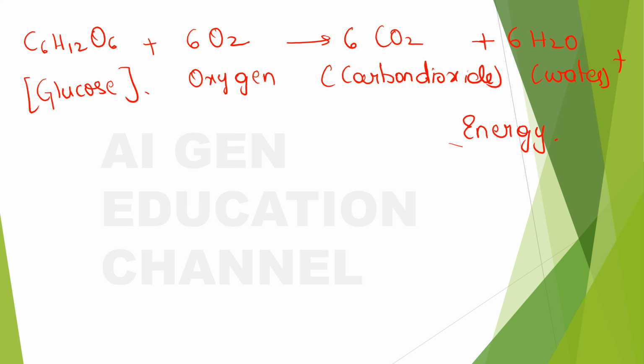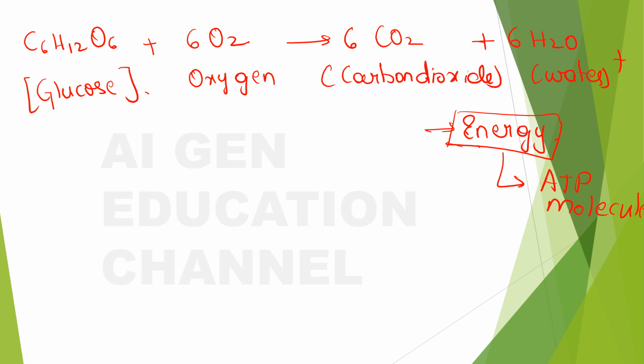For this energy itself, we are eating the food, right? So to obtain the energy from the food converted into glucose, only if it reacts with oxygen do we get the energy that we want, right? And this energy is stored in the ATP molecule, right?